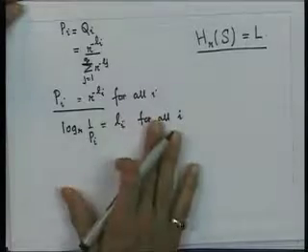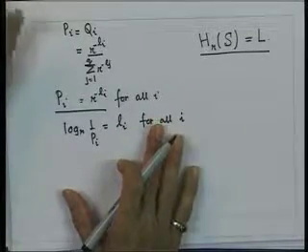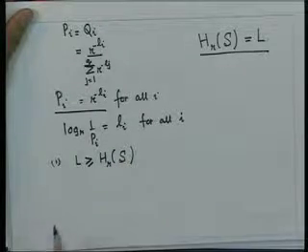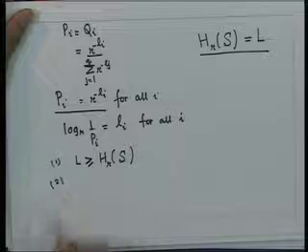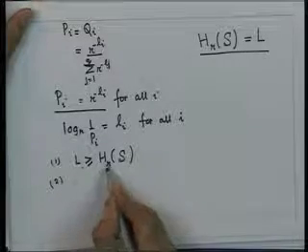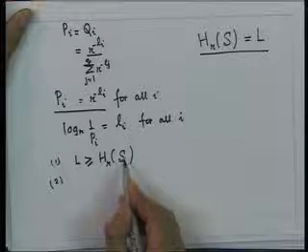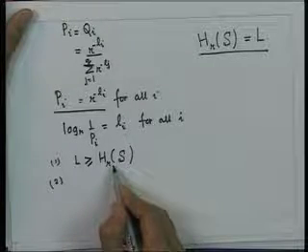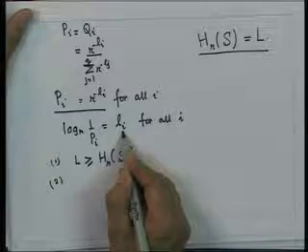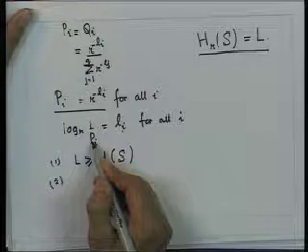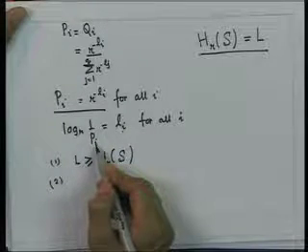Now, summarizing, for an instantaneous code and a zero memory source, we will always have L greater than or equal to H_r(S). Furthermore, L can achieve this lower bound of H_r(S) if and only if the code word length L_i is equal to log to the base r of 1 by P_i for all i.